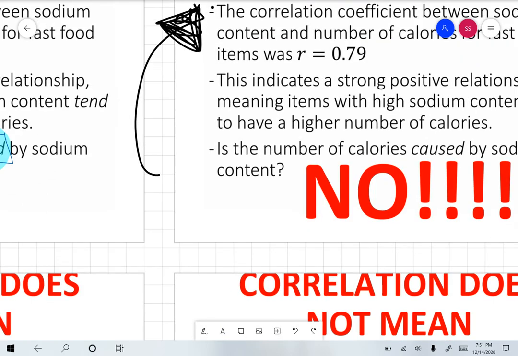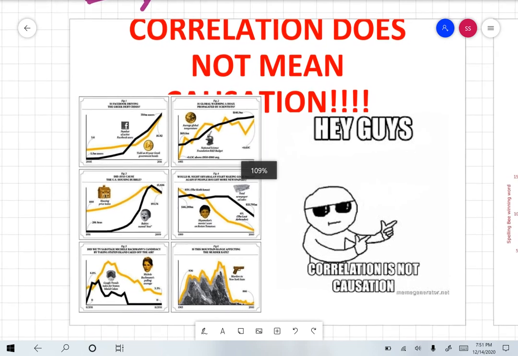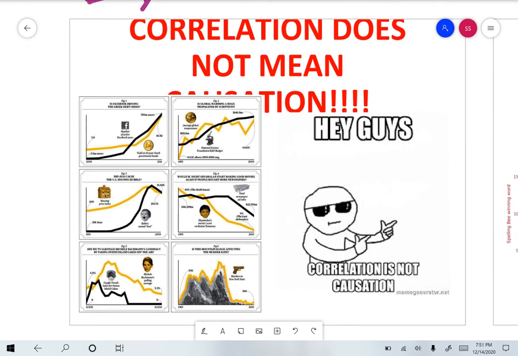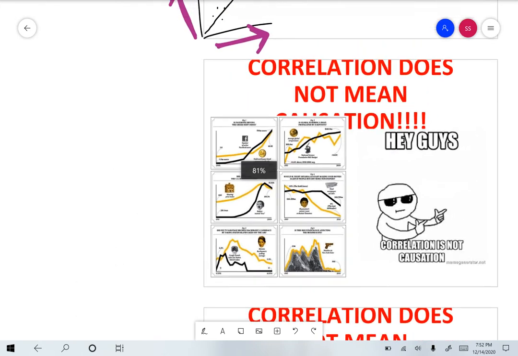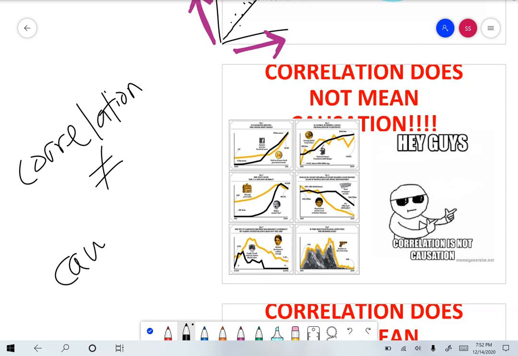This gets me to my next huge point, and this is one of the biggest things in statistics at any level. Correlation does not equal causation. Please, please, please write that down. Highlight it, write it on your forehead in permanent marker. Okay. Correlation, meaning the strength and direction of a relationship, does not equal causation.